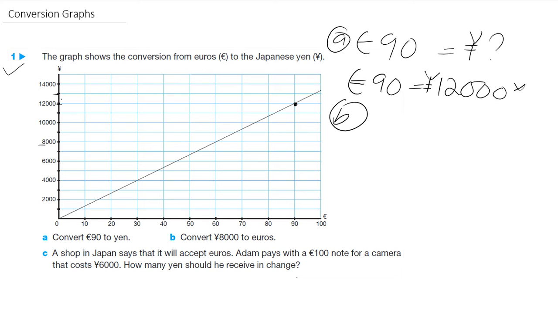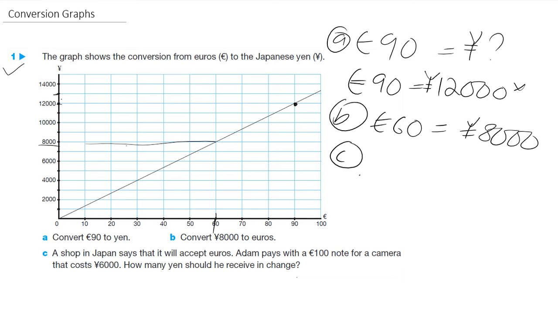Here's our 8,000 and it matches 60 euros. So you again have to write 60 euros equal to 8,000 yen. So let's move on towards part C.